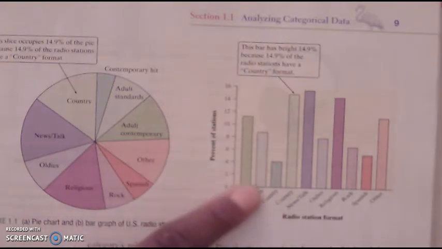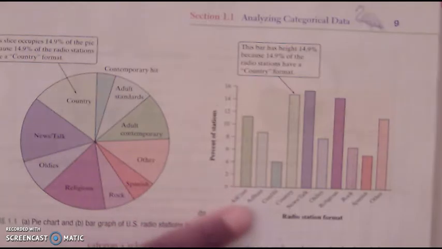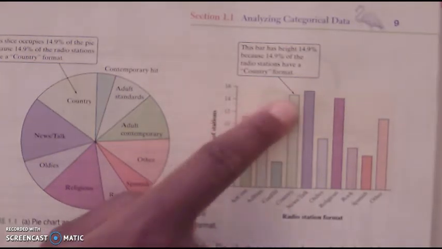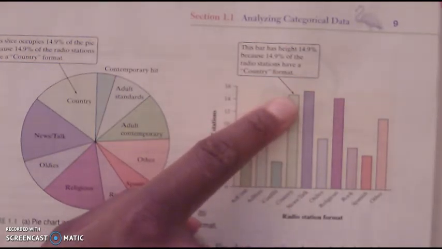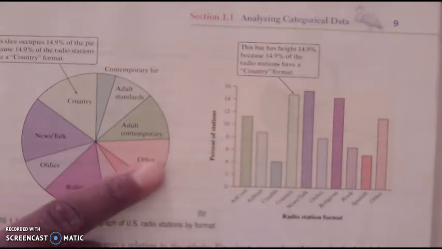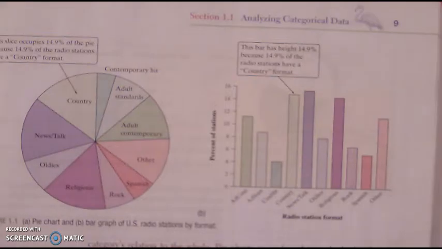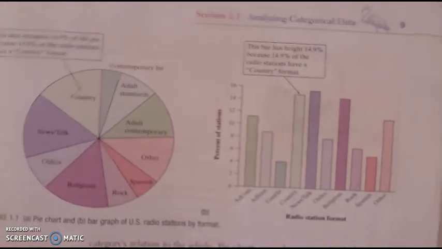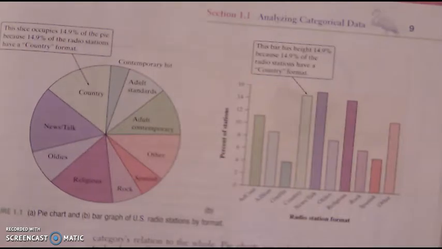You can see visually here that news and talk stations have the highest percentage of stations within that category, followed by country and then religious. So both of these displays allow you to see visually which categories are most represented within this population.